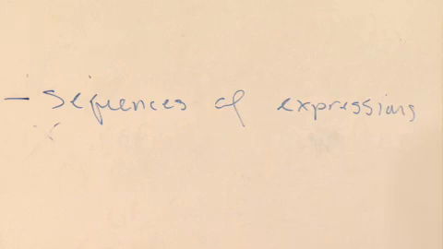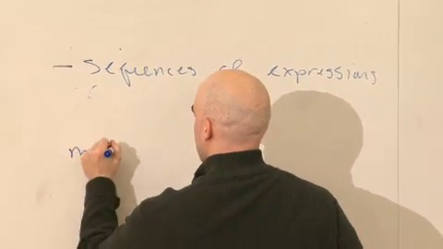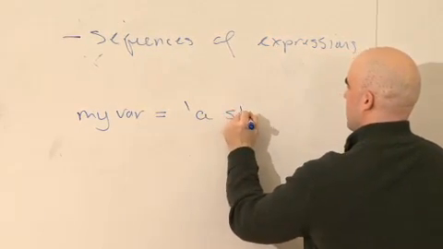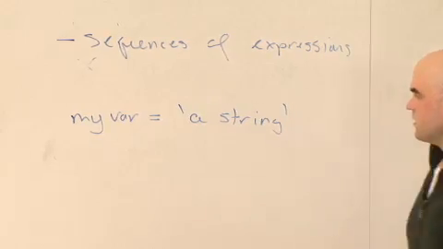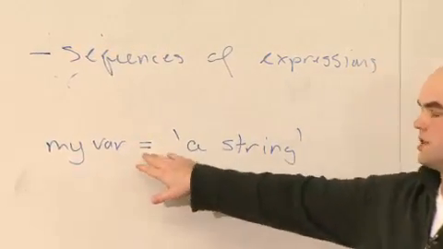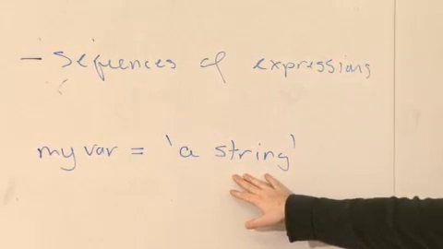So let's say, for example, this is an expression. This is a variable name. This is the assignment operator, and this is a string literal, right?